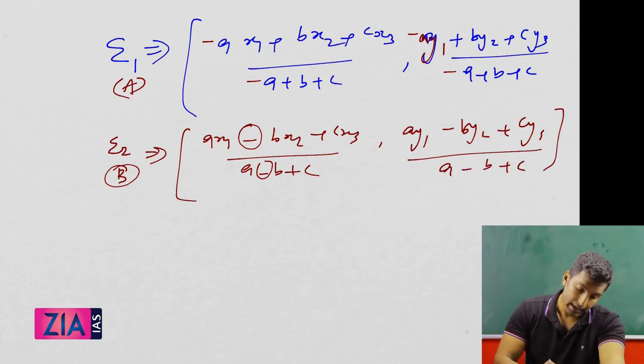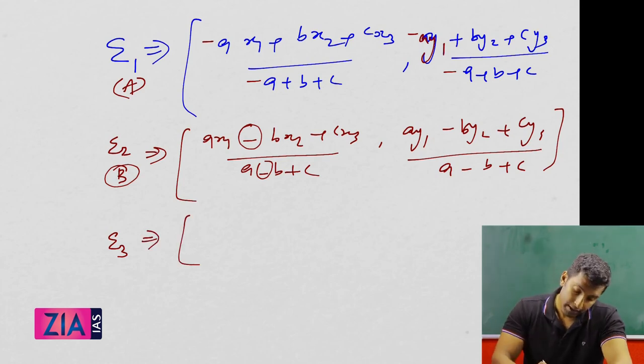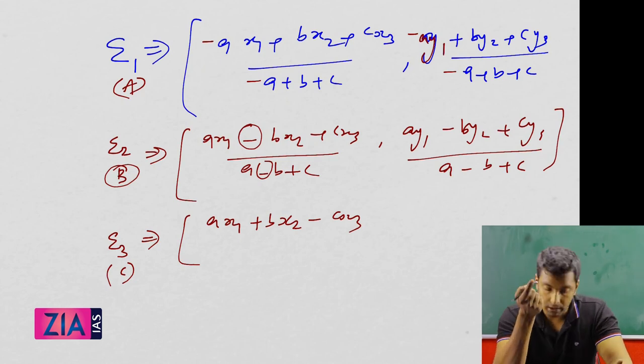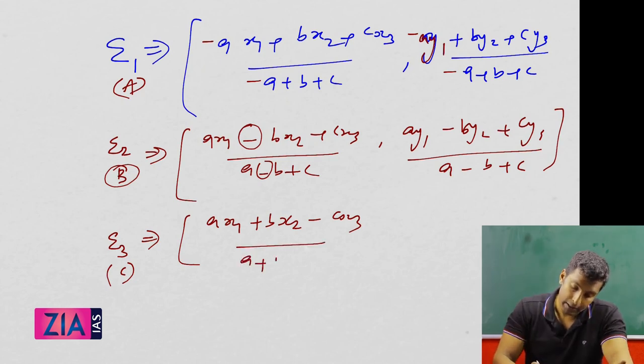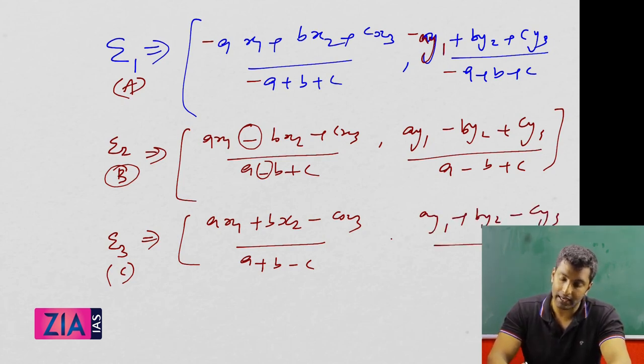Similarly, E3, Excenter 3, is going to be ax1 plus bx2 minus cx3, because this is opposite to c, divided by a plus b minus c, comma, ay1 plus by2 minus cy3 divided by a plus b minus c.